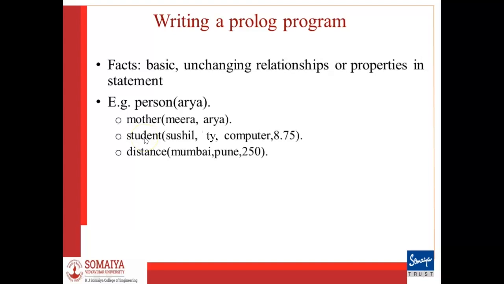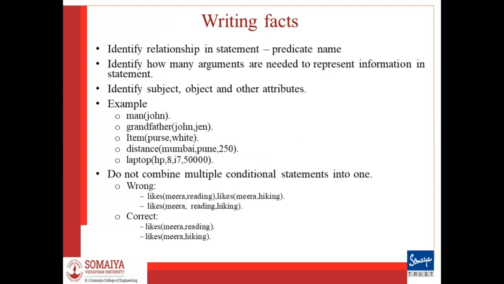So student is a group and one of the instances of that group is Sushil, who's from third year computer engineering and has a CGPA of 8.75. Similarly, we can use distance as a relationship between any two places and the distance in kilometers can be expressed over there. So this is one of the ways of representing information in the given statement.